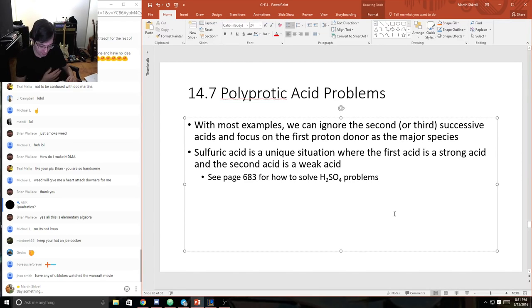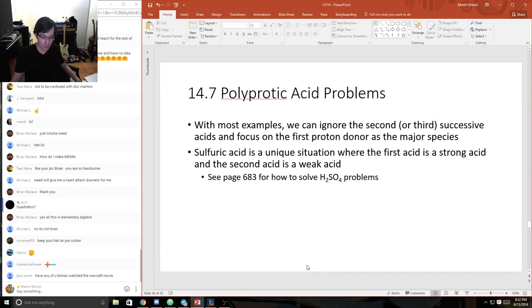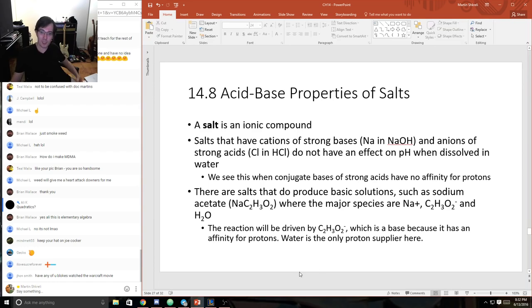It's not that difficult and not that different from how we use an ICE table, but there is an exception. You do have to do a little bit of gymnastics that I think is beyond the scope of what we're trying to learn, so I skip it. If you want to learn it, pages 683, 684, 685, 686, and you'll be home free on how to solve sulfuric acid, polyprotic acid problems.